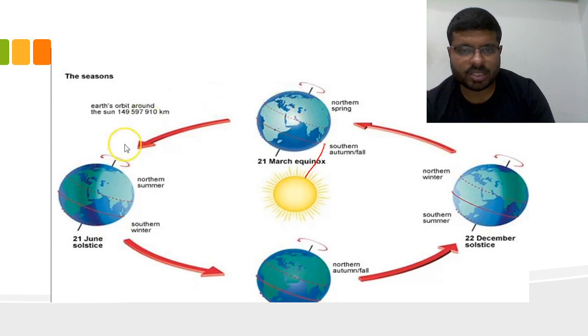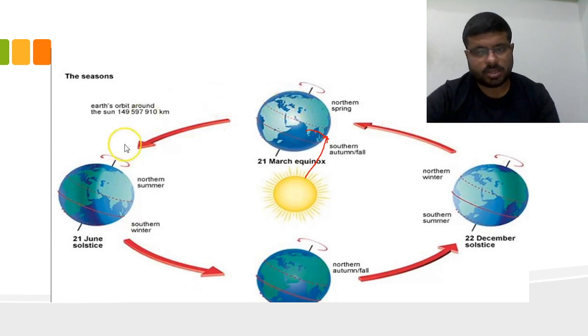There are vertical rays falling on the equator, so vertical rays will be falling exactly on the equator. As they fall vertically on the equator, there is an equinox, equal length of day and night.